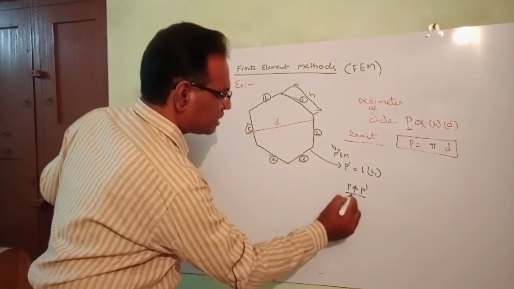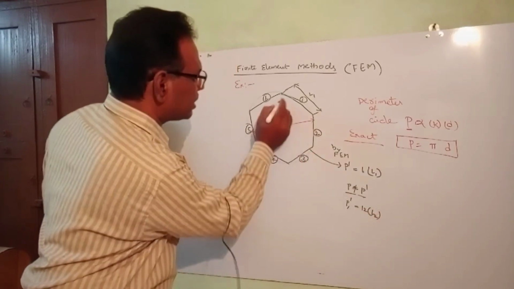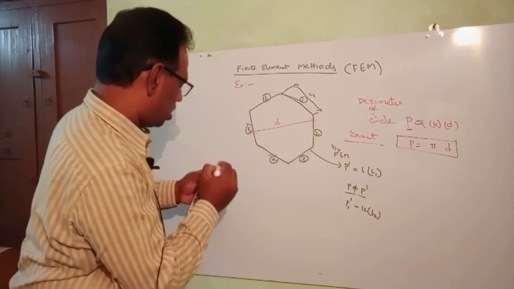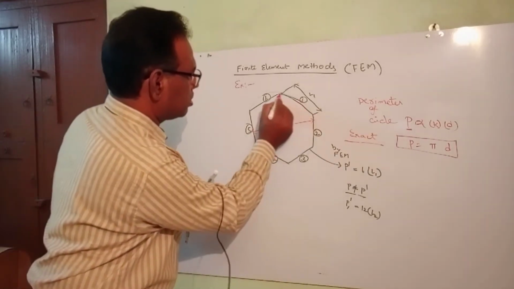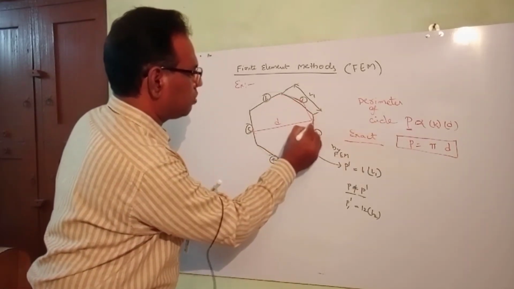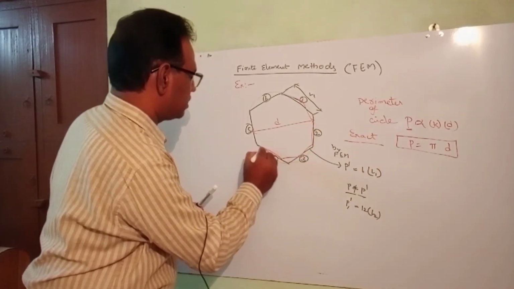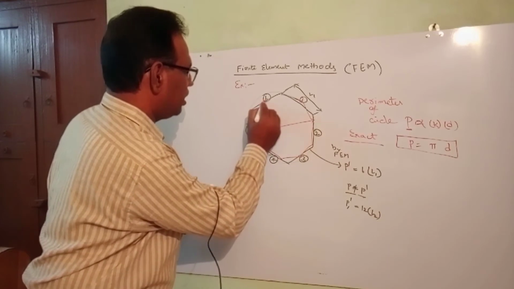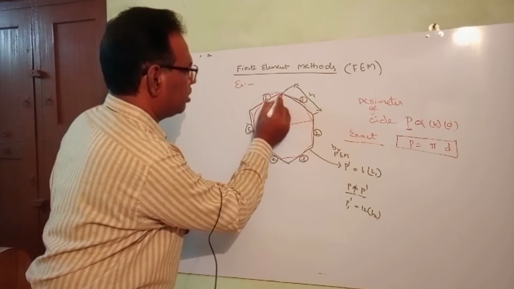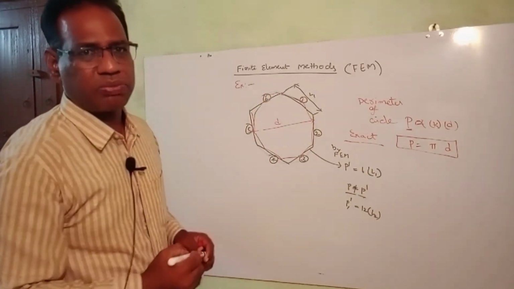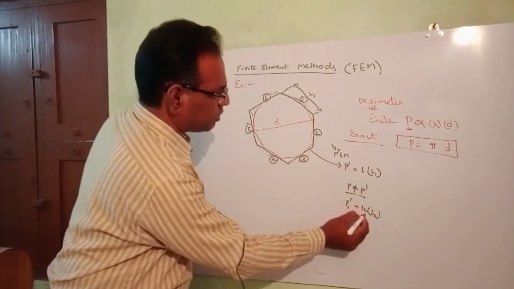So P1 dash is 12 into L2, where L2 is the line segment length. Suppose this is divided into 12 equal line segments like this: 1, 2, 3, 4, 5, 6, 7, 8, 9, 10, 11, 12.